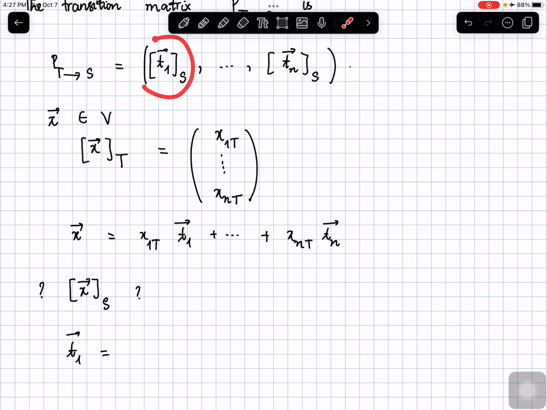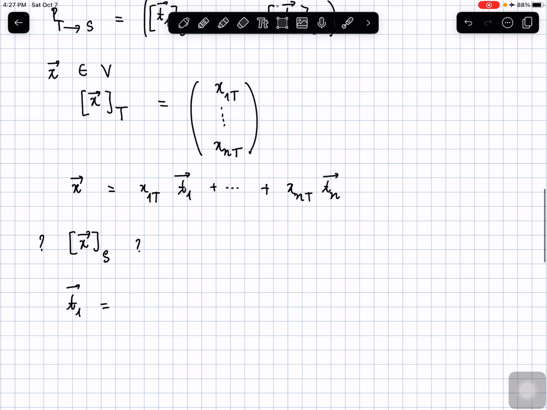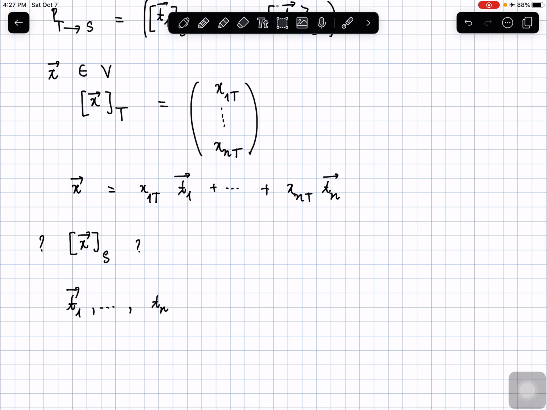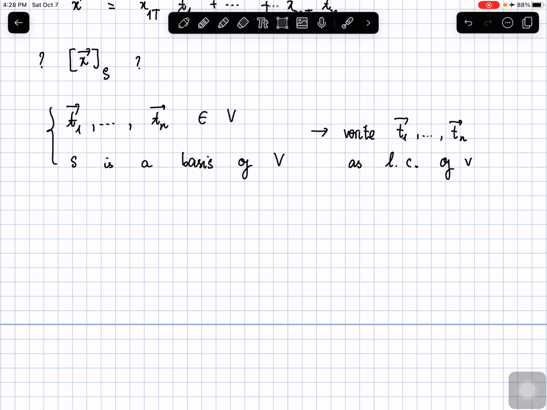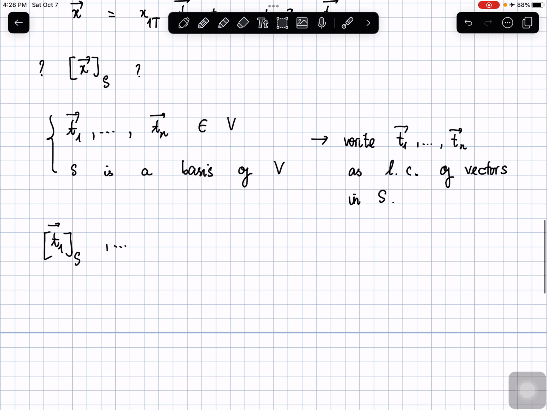So that's why we have the coordinate of T1 in terms of S here. T1 to Tn are vectors in the vector space V, S is a basis of V, so we write each Tj as a linear combination of vectors in S. So in this step we find the coordinates of T1 in terms of S up to the coordinates of Tn in terms of S.